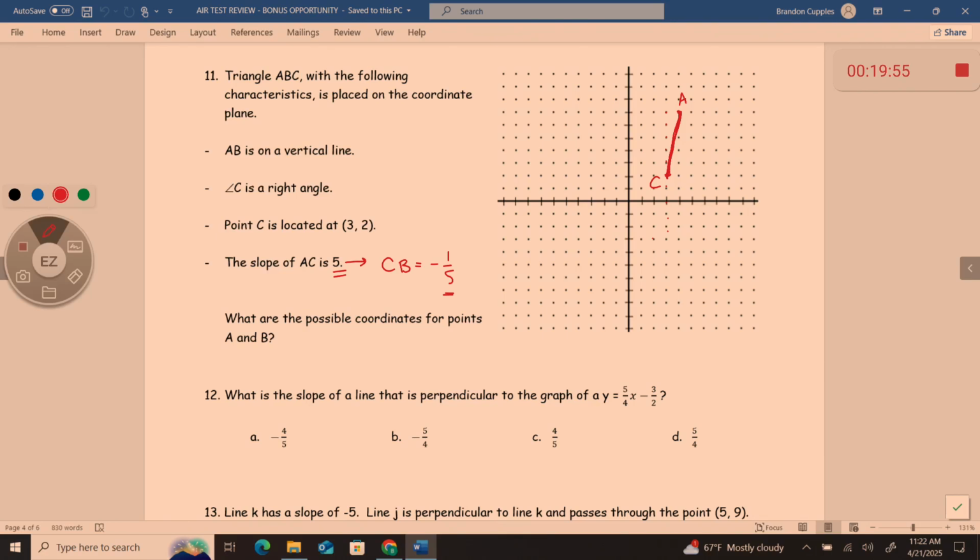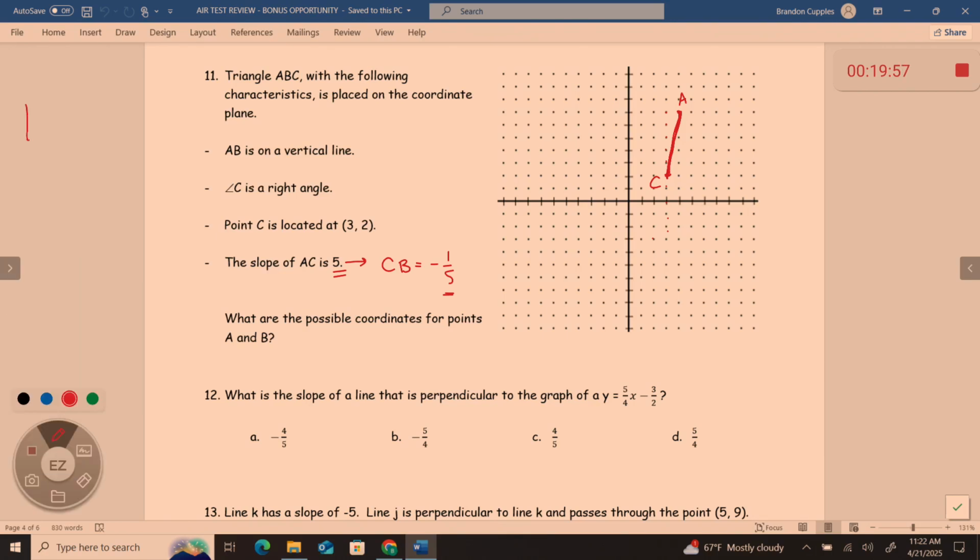Remember that perpendicular concept. Perpendicular slopes are opposite reciprocals. So if I do a negative 1/5, negative 1, positive 5, 1, 2, 3, 4, 5. Somewhere on this line, actually it's going to be right here. This point right here is where B is going to lie.